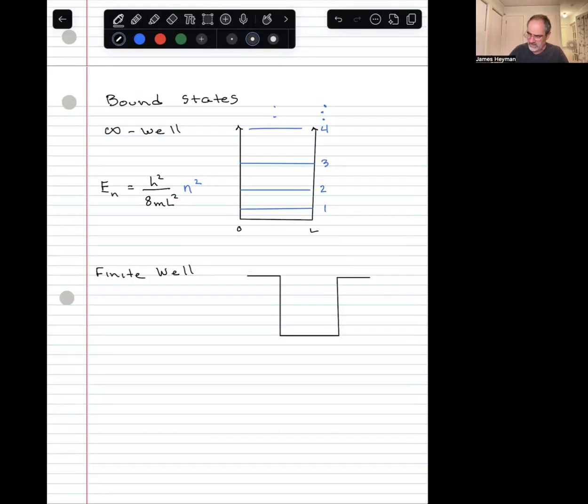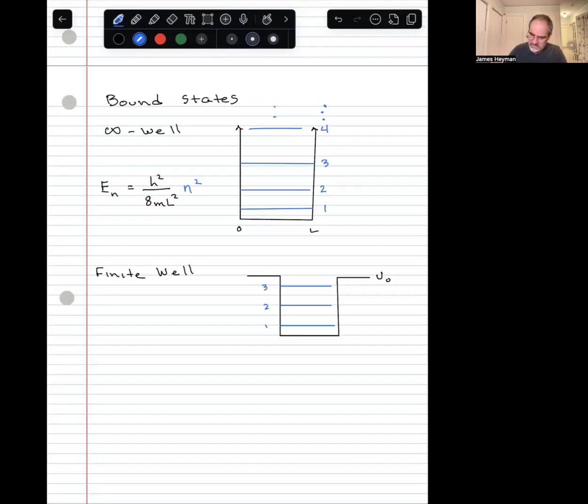In the finite well, the barriers have a finite height, U0. And we found that in this system also, we could find energy states. Now there's only a finite number of energy states, let's say 3, but it could be as small a number as 1 or as large a number as, well, any number, depending on the system that we're looking at.